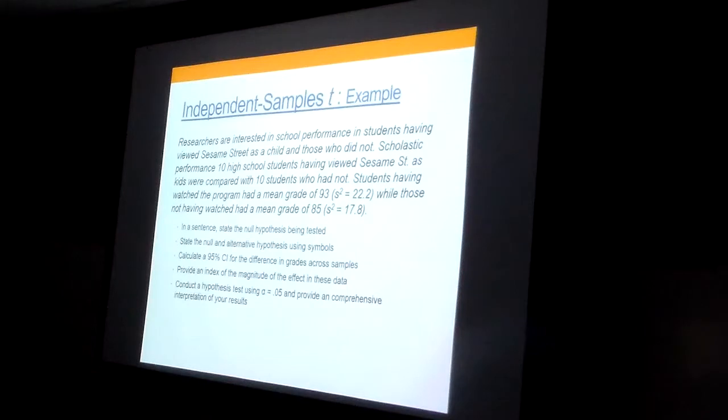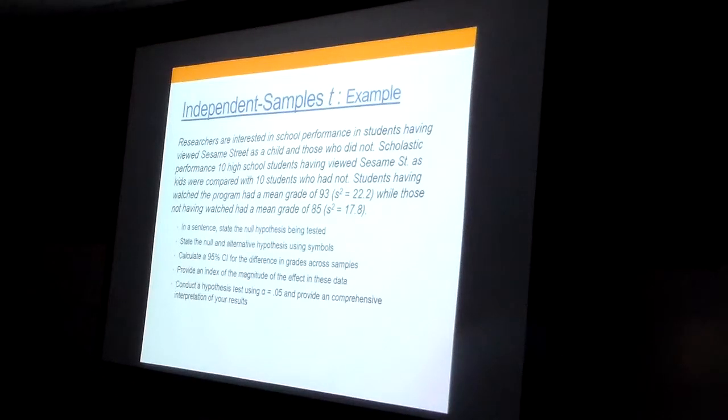Given these data, we're seeing that high schoolers who have been previously exposed to Sesame Street's children's programming are scoring close to 2 standard deviations above the mean of high schoolers who haven't been exposed to educational programming, right?